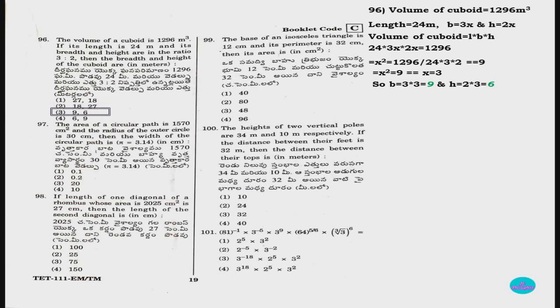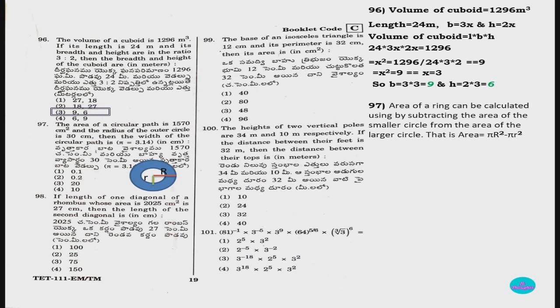97. The area of a circular path is 1570 centimeter square and the radius of the outer circle is 30 centimeters. Then the width of the circular path is. If we consider this as the circular path, now what is given for us is the radius of the outer circle, which we consider as capital R, that is 30 centimeters, and this is the small radius, the radius of the inner circle, which we consider as small r.